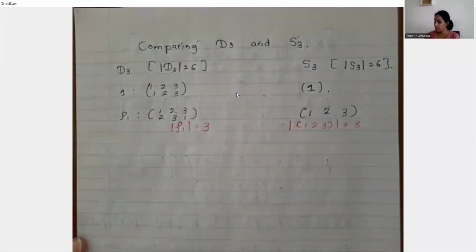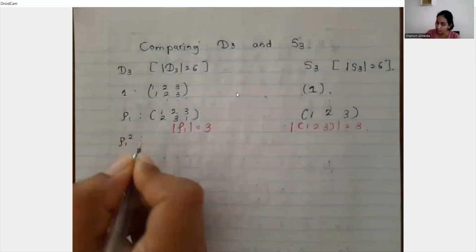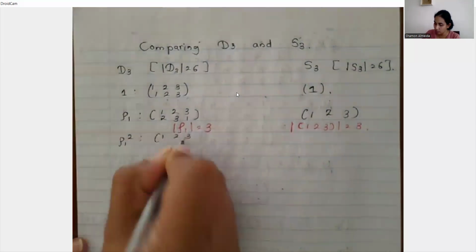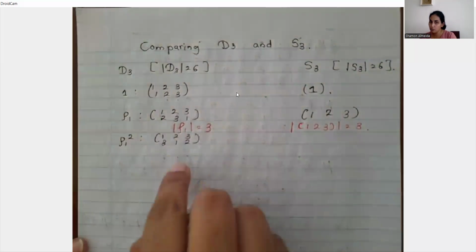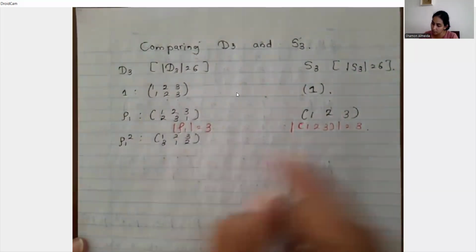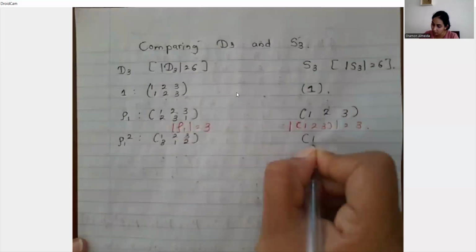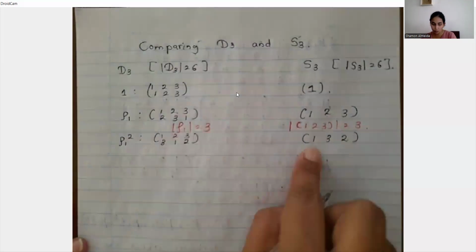Then let's go to rho 1 squared. This is the permutation where 1 is sent to 3, 3 is sent to 2, and 2 is sent to 1. So we have the corresponding cycle (1 3 2). Right? So rho 1 squared corresponds to this one.